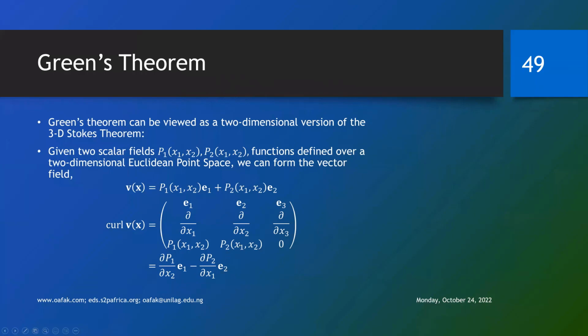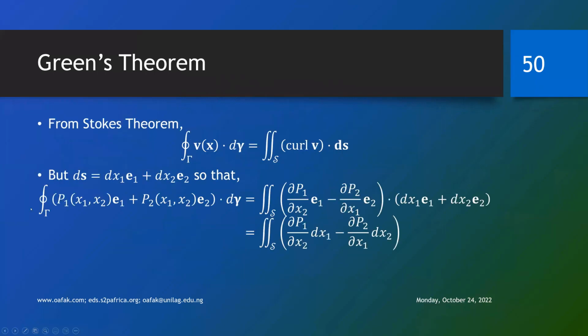This is what you should get, because remember that the functions we are dealing with have only 2 variables, x1 and x2. So differentiating them with respect to x3 vanishes. So if you take ds as dx1 e1 + dx2 e2, which is the Cartesian differential position vector, then here you have P1(x1, x2) e1 + P2(x1, x2) e2.